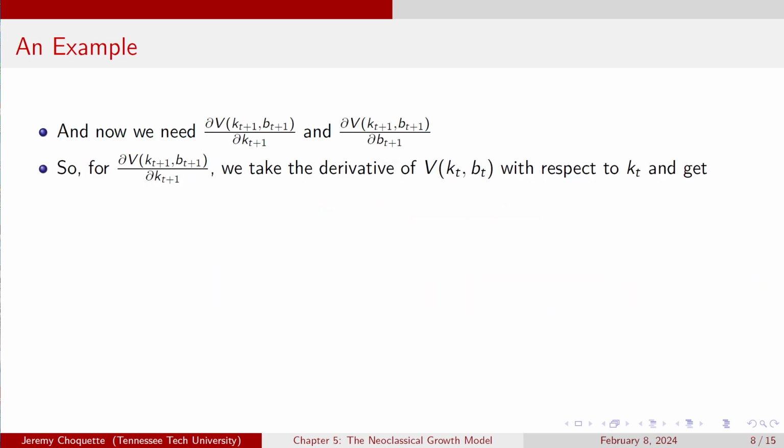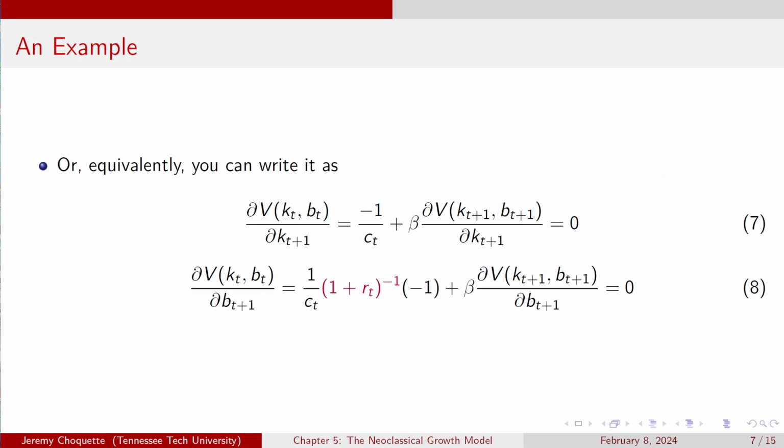All right, so now we need to know what this is, this partial v of kt plus 1, bt plus 1 with respect to kt plus 1, and the partial of v with respect to bt plus 1. But remember, these t subscripts don't align, right? The bt and kt and kt plus 1, and the bt and the bt plus 1, they're not aligning here.